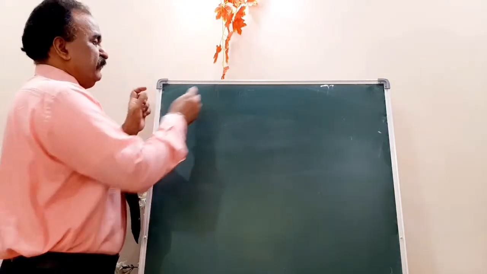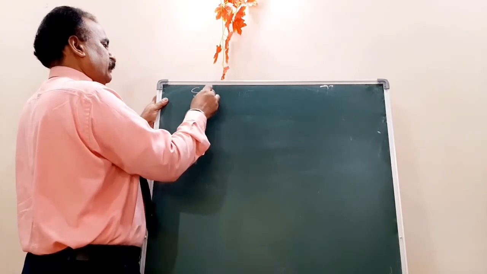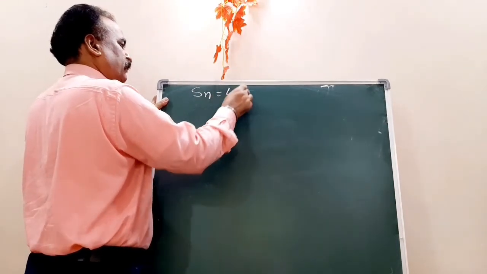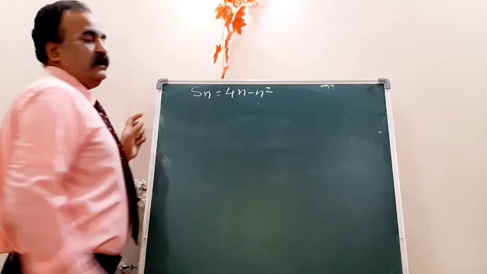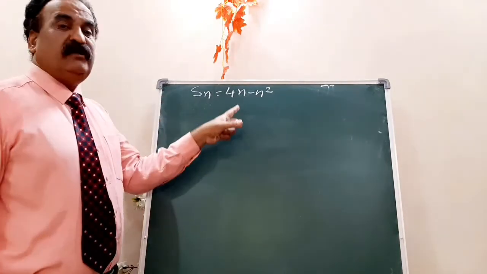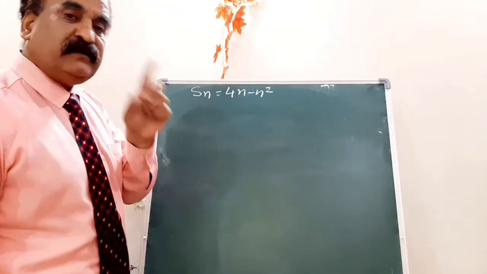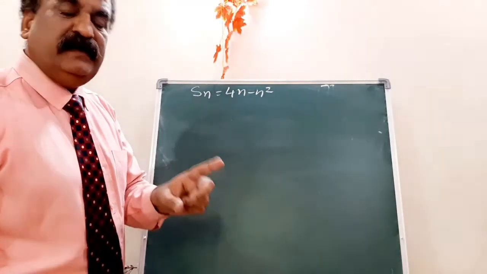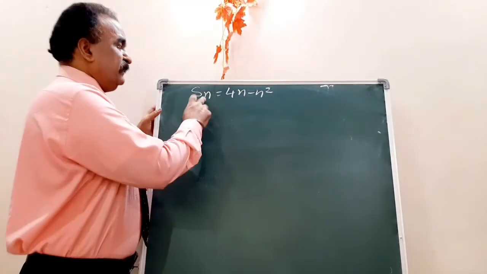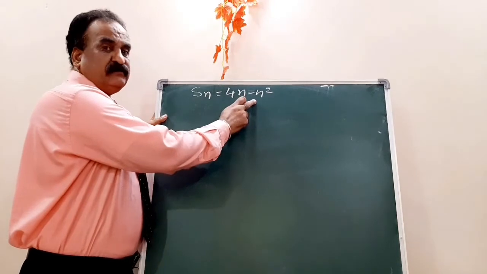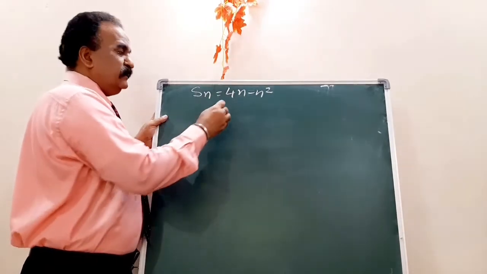Now the SN is given to you. SN means the sum is given to you. In the previous question, what was given to you? Nth term, the last term. And here it is given the sum of n terms. It means first you will put n is equal to 1.